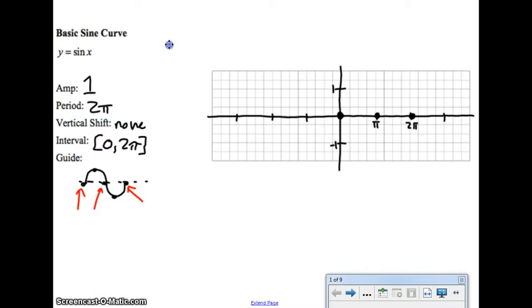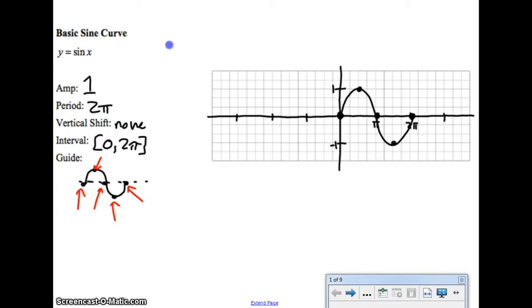I know that halfway between, I'm at my max, and since my amplitude is 1, that's my max, so right here. And then halfway between the second part there, I'm at my minimum, so that would be here. All right, so one cycle of this sine curve looks like this.